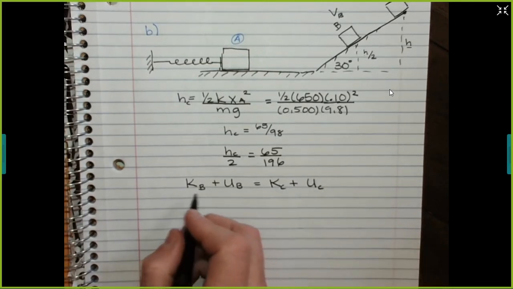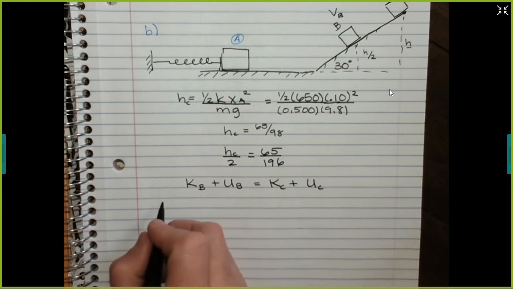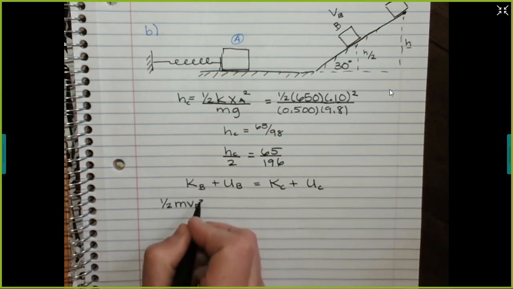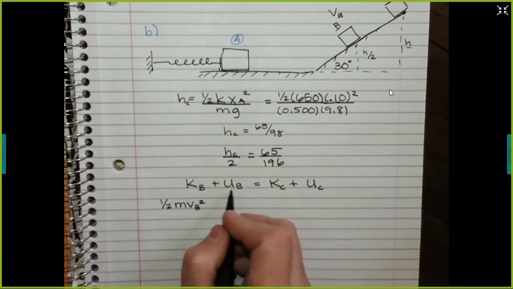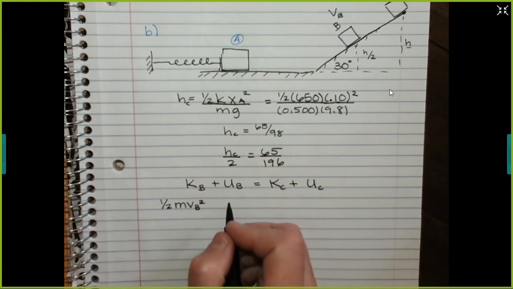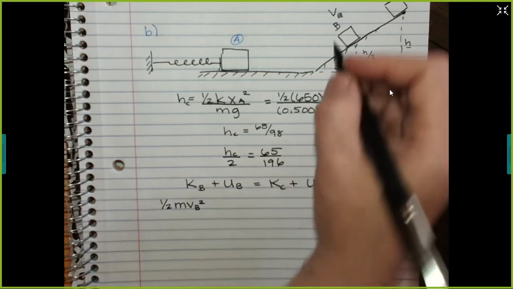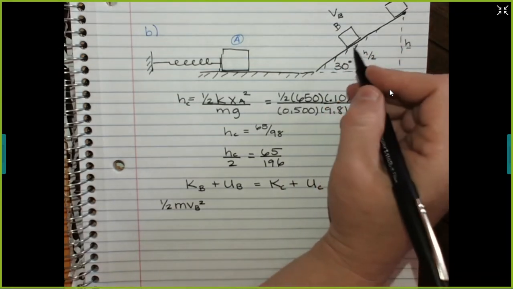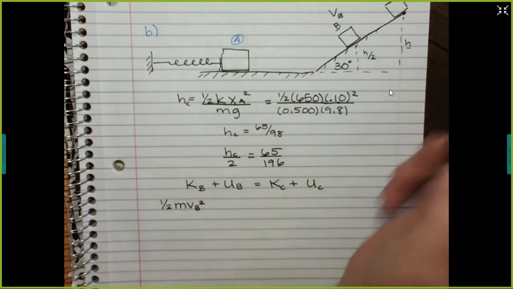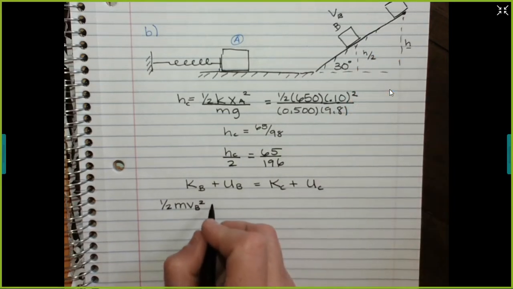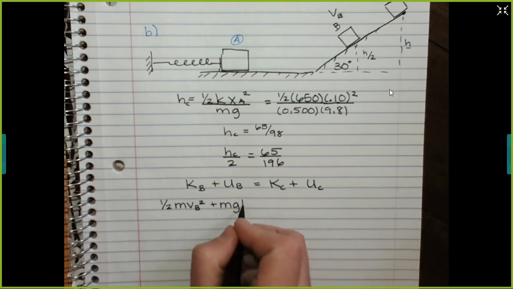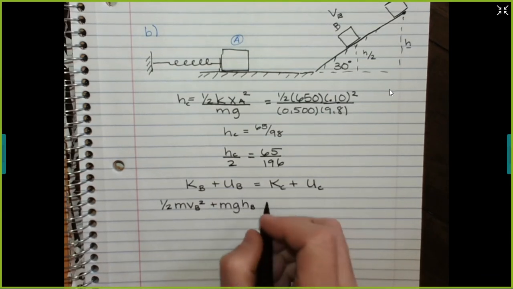Okay, so the kinetic energy at B, it definitely has kinetic energy because that's what we're trying to find. So that's 1/2 mvb squared. And then the potential energy at B, well, there's elastic potential energy and there's gravitational potential energy. There is no elastic potential energy over here because the spring is not involved in any way. So we only have gravitational potential energy. So that's going to be mghb, or the height at B, which is 1/2 h, right?